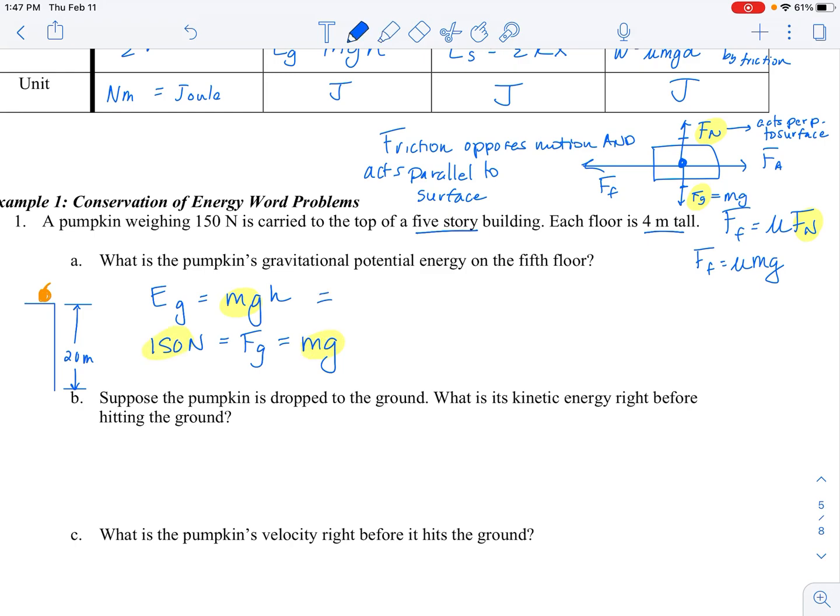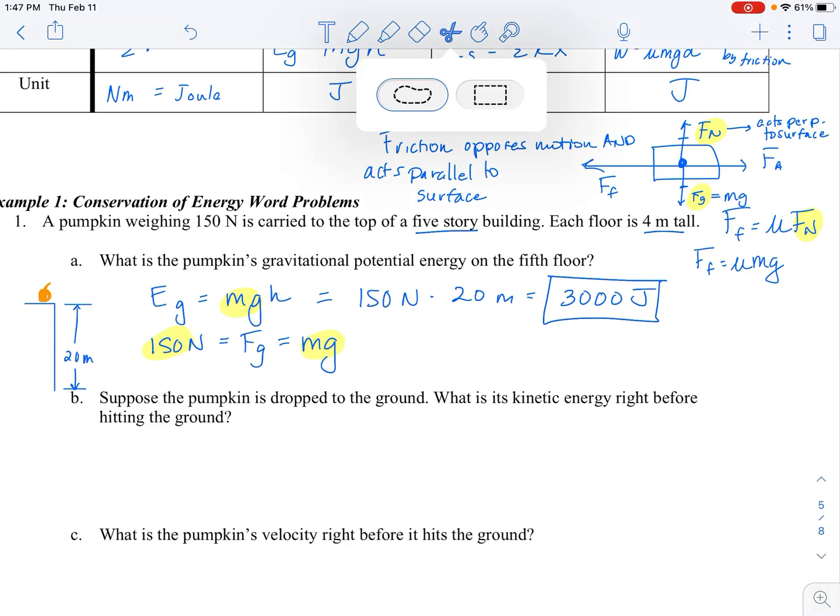So to solve this, I can just say 150 newtons times 20 meters, which is 3,000 joules. Suppose the pumpkin is dropped to the ground. What is the kinetic energy right before hitting the ground? So now the pumpkin, oh goodness, come on, pumpkin.